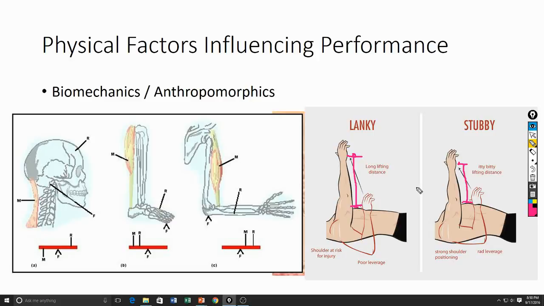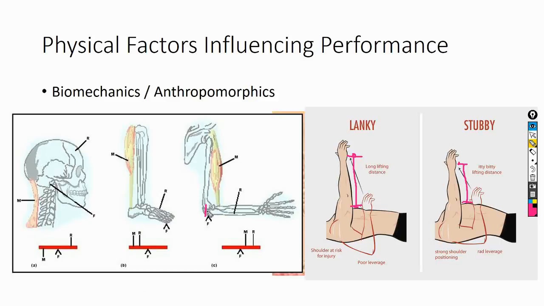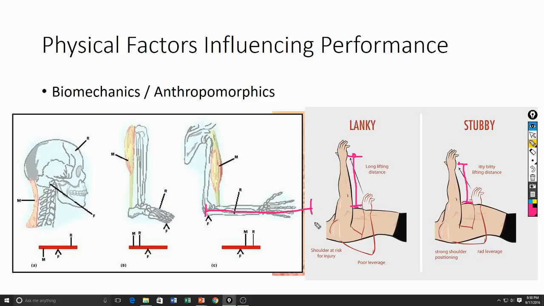And also, if you have longer limbs, looking here at this arm we got here, your lever is going to be longer. As we know from just basic physics and honestly everyday life, if you have a weight at the end of a stick, it doesn't matter how much the weight is.